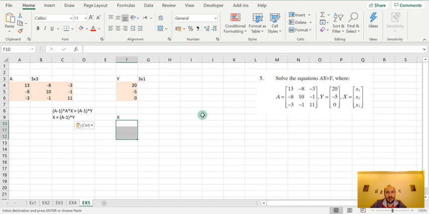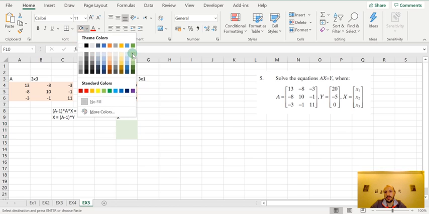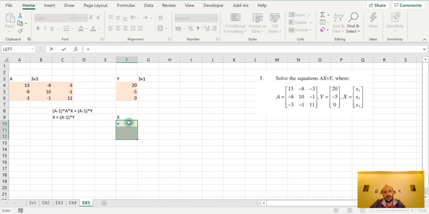So we will get a 3 by 1 matrix, because here it is 3 by 3 and 3 by 1. We will color it green, for example, equals MMULT: we are multiplying A minus 1, meaning MINVERSE of A. This is our first part of the multiplication, and the second part is this one.